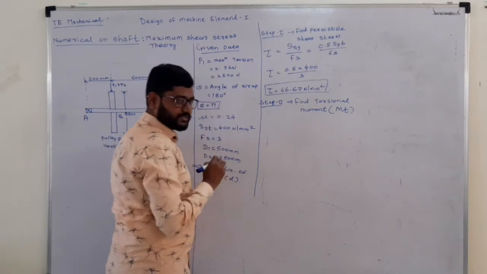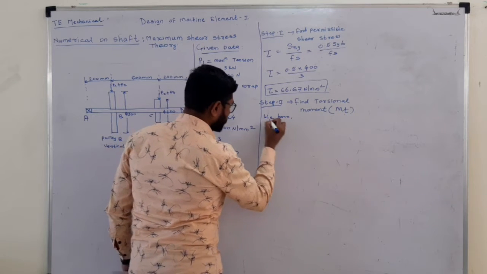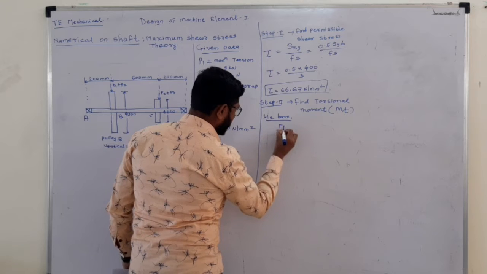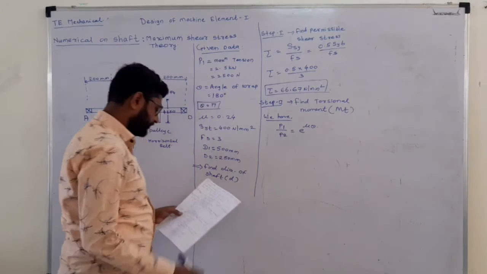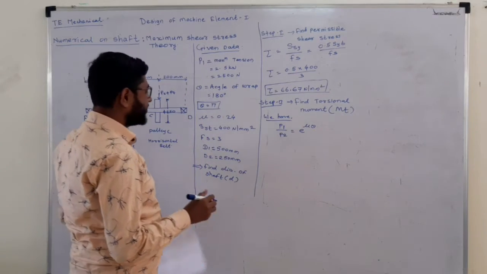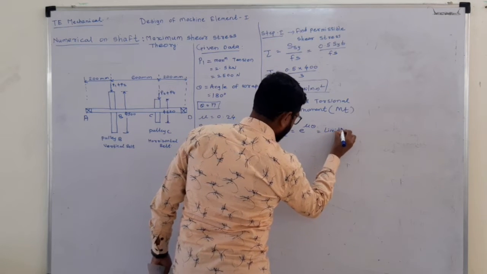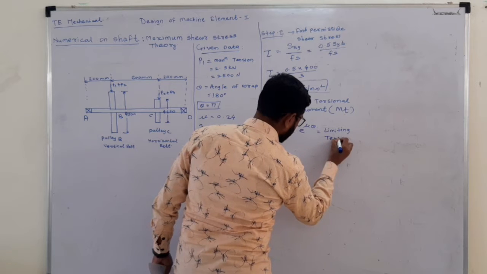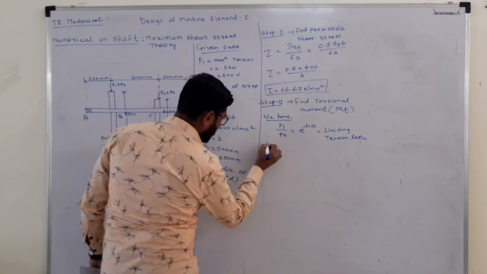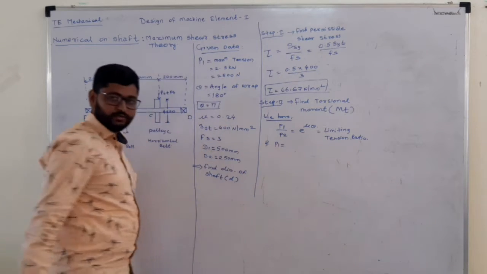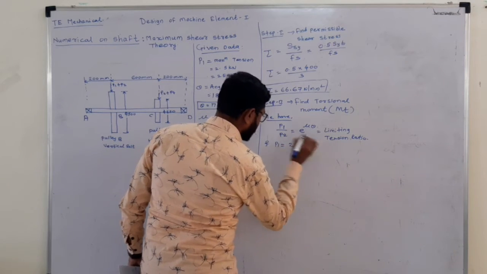So how to find the forces? We have P1 upon P2 is equal to e raised to mu theta, that is the limiting tension ratio. P1 is given in the numerical as 2500 Newton.